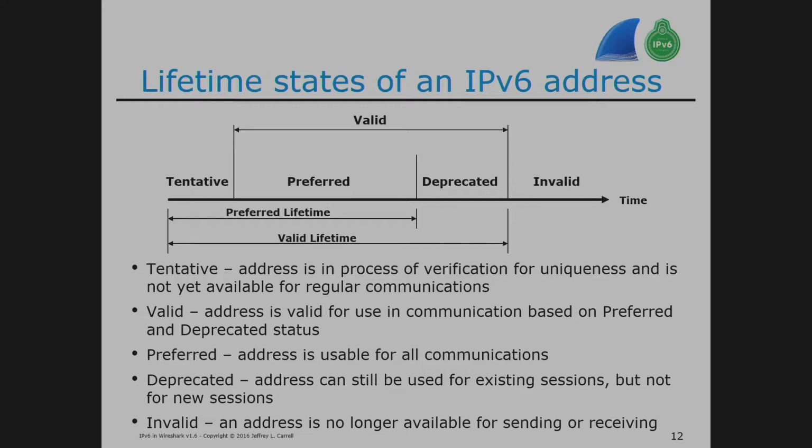But it's a lifetime. In V6, we now have two operational lifetimes, one called the preferred and also the valid. And the way this basically works is when I first come up and I get an address, whatever process I get an address from, I first need to validate it's valid for me to have it.